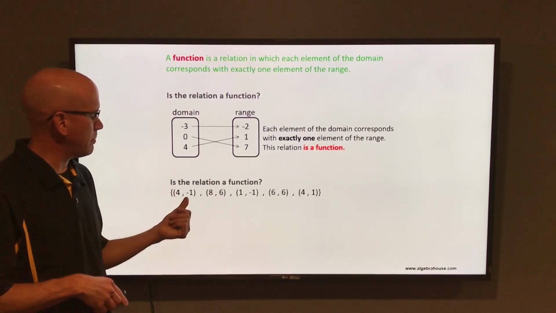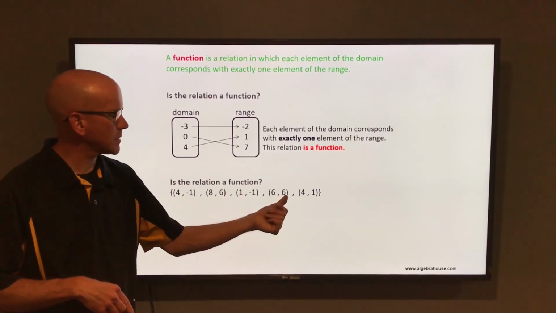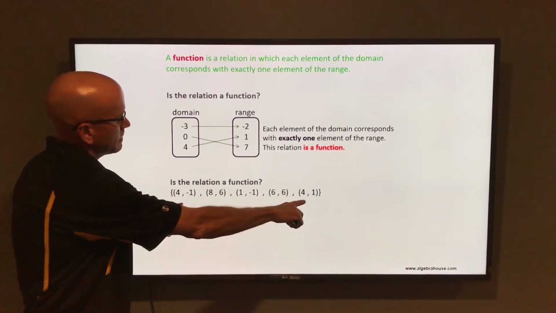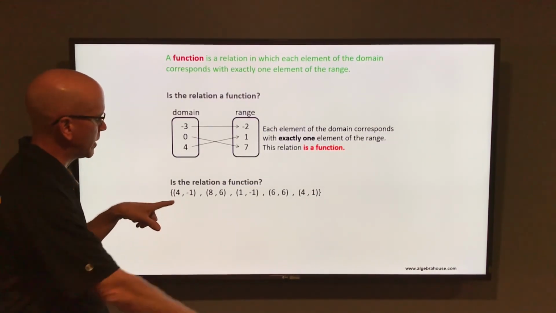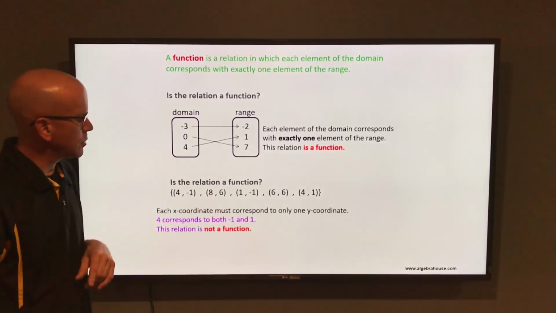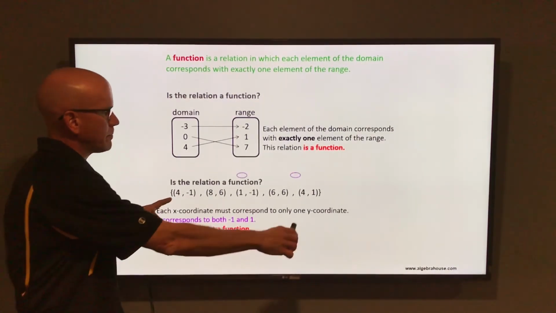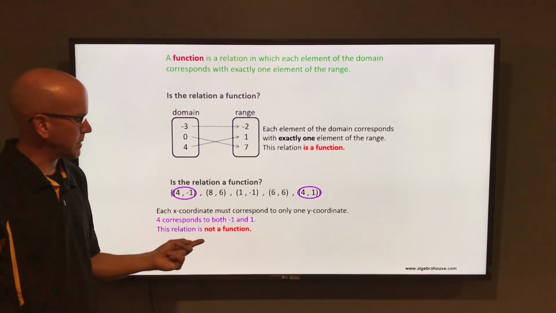So you see the 4 matches up with -1. The 8 goes to 6. 1 goes to -1, 6 goes to 6. But notice we have another 4 matching up with, this time, a +1. So you have an x value of 4 matching up with or pointing to two different y values. For the input of 4, you have two different outputs. That makes that not a function.